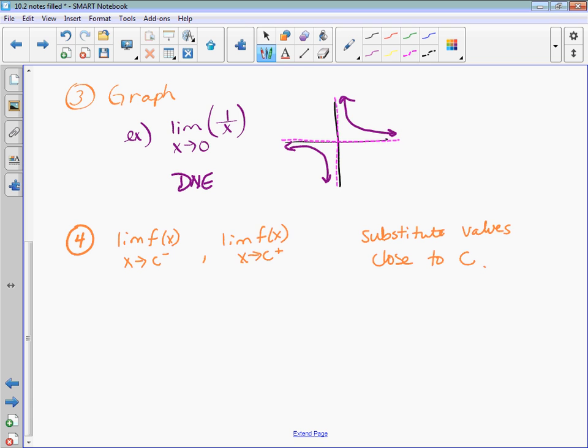Like if I'm asking you the limit as x approaches 2, you could plug in like 2.1, 2.01, 1.9, 1.99, values that are getting really close on either side. That's the strategy you'll use the least. Okay.